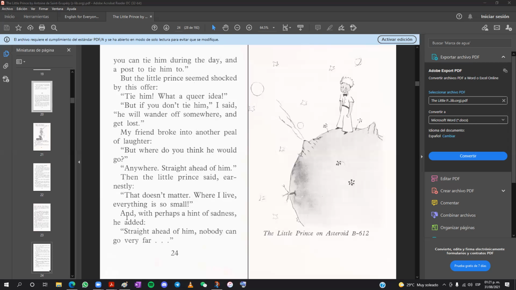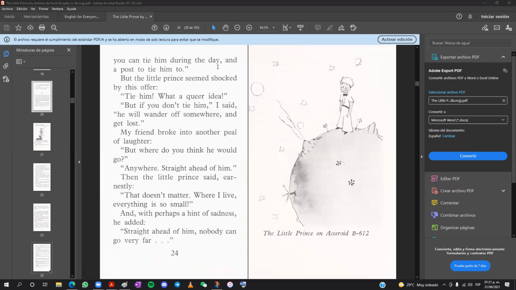And with perhaps a hint of sadness, he added, straight ahead of him, nobody can go very far.